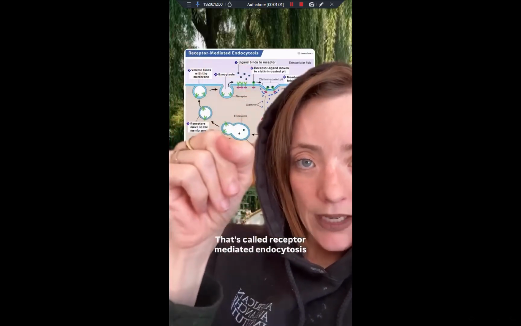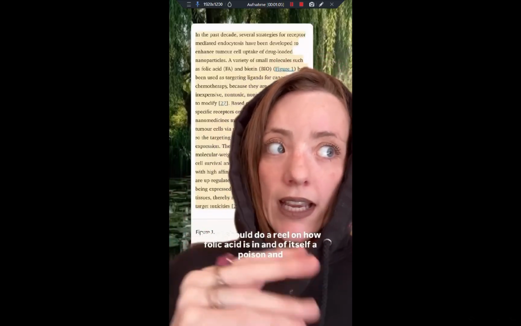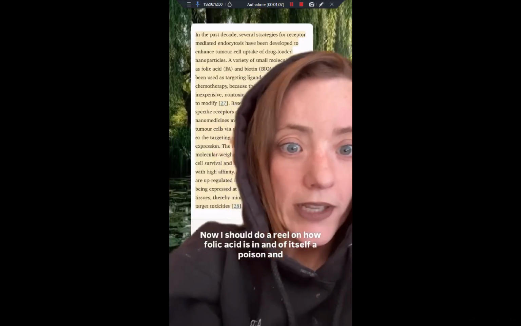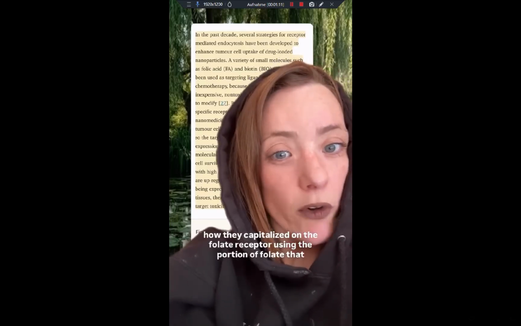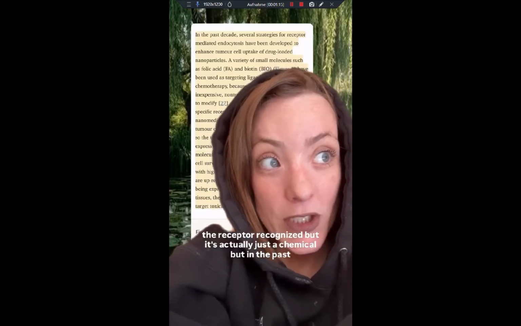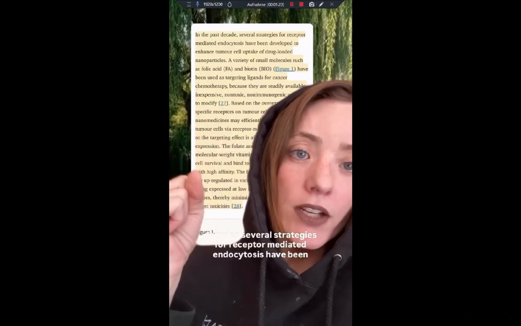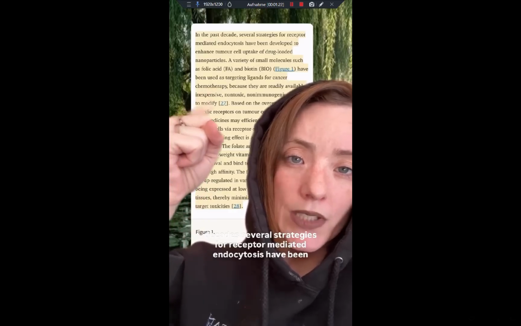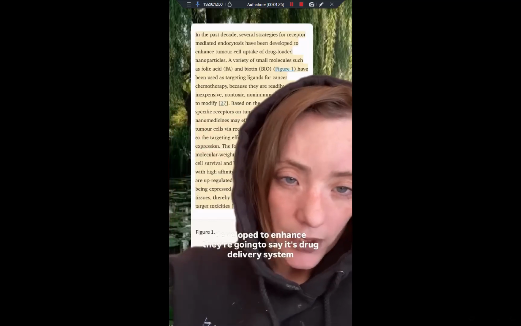That's called receptor-mediated endocytosis. Now, I should do a reel on how folic acid is in and of itself a poison and how they capitalized on the folate receptor, using the portion of folate that the receptor recognized, but it's actually just a chemical. In the past decades, several strategies for receptor-mediated endocytosis have been developed to enhance, they're going to say, drug delivery systems.